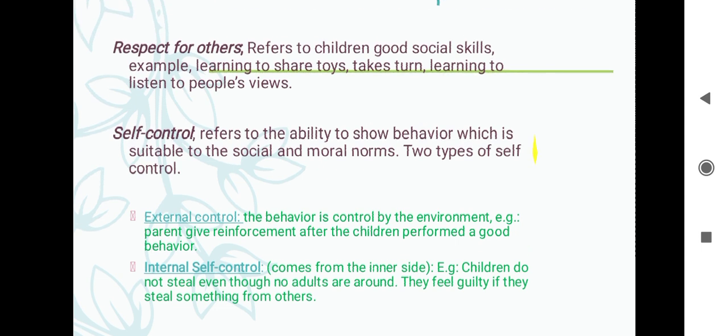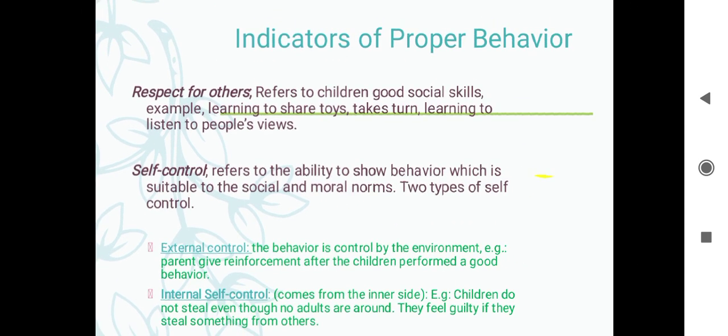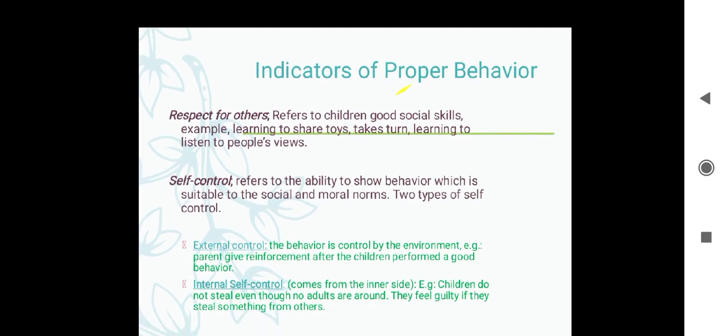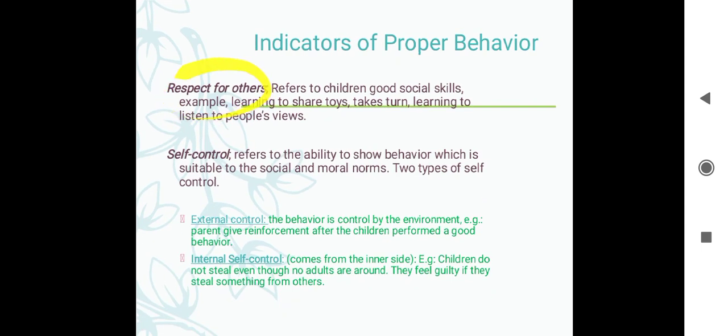Okay, basically when we talk about proper behavior, indicator or sign, the first one is respect for others. Like all of us, you know how to respect others, you know how to respect lecturers, you know how to respect parents, people older than you, okay? So for children, they know how to respect their friends, teachers.